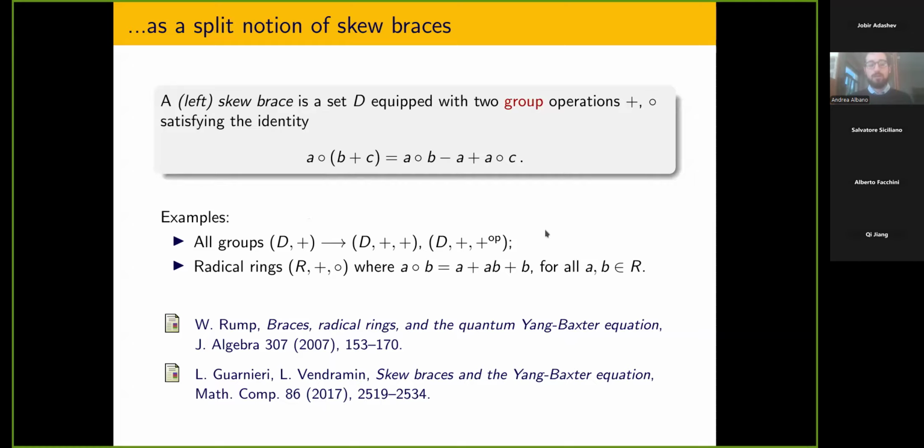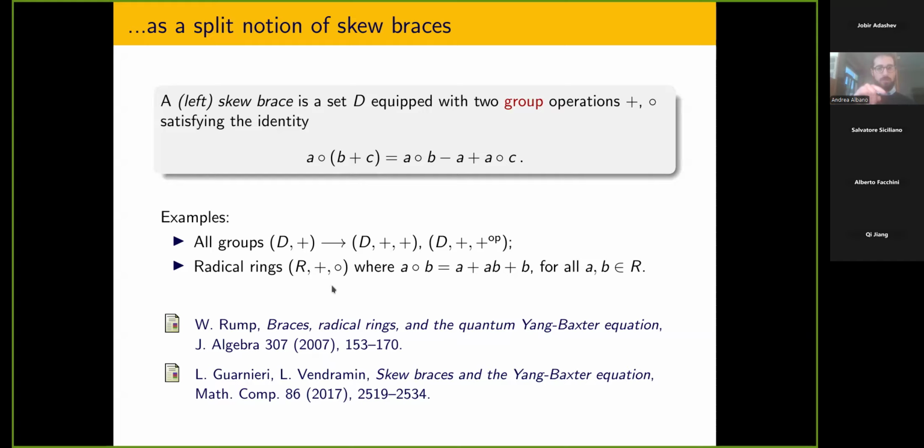So the first one is not difficult. All groups are basically examples of skew braces. The first triple here is usually called in the theory the trivial skew brace, while the second one is called the almost trivial one. Radical rings, where here plus is a commutative operation, classically appeared as basically the first examples of braces.